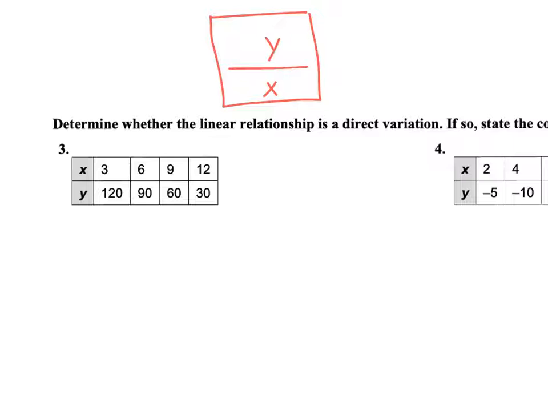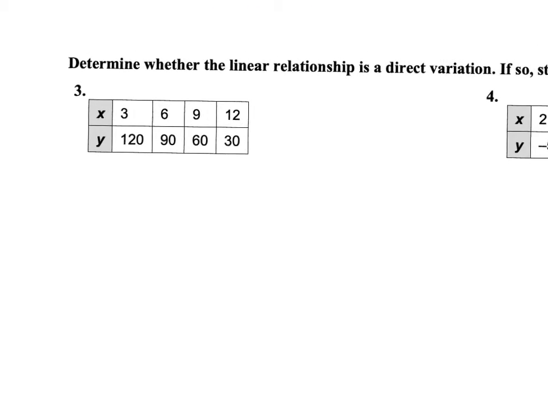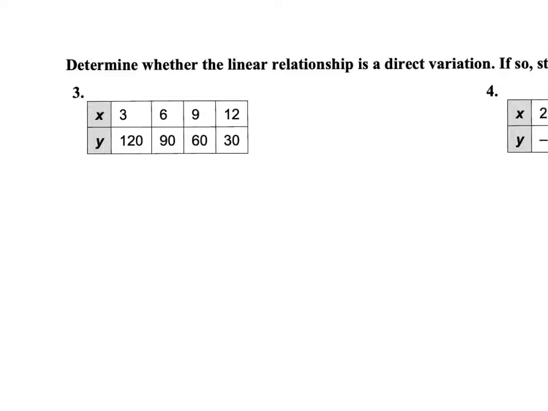Okay, so I'm going to divide all my y's by my x's to make sure that I get the same fraction when it's reduced. So for my first coordinate, I have 120 divided by 3, your y divided by x. Now I know that that simplifies to 40.